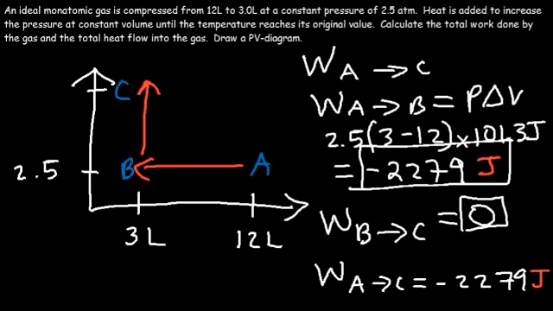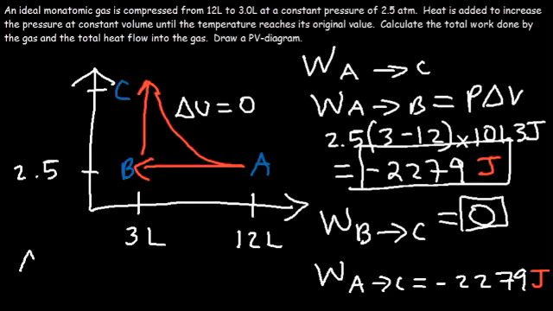Now, what about going from A to C? Notice that this is an isothermal path. The key expression is the temperature. The temperature remains at the same value. It reaches its original value. So whatever the temperature was at point A is the same as point C. And for an isothermal process, delta U is equal to 0.